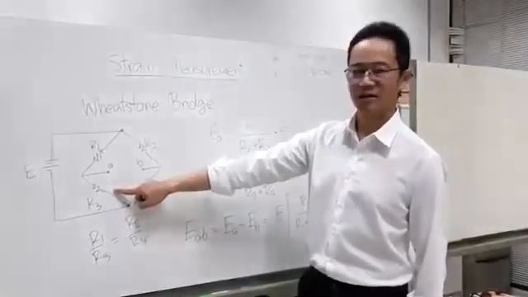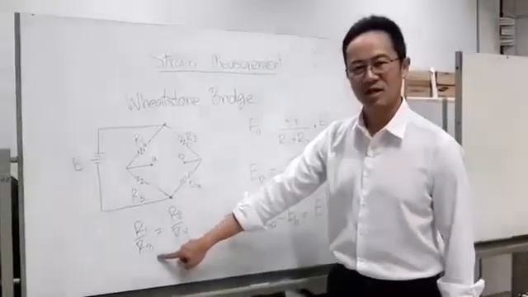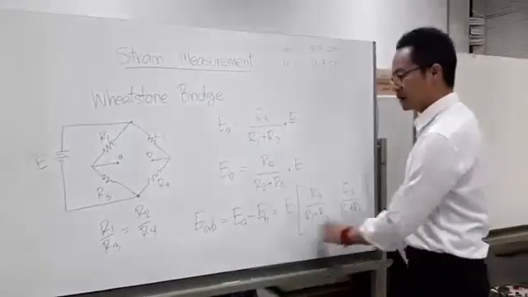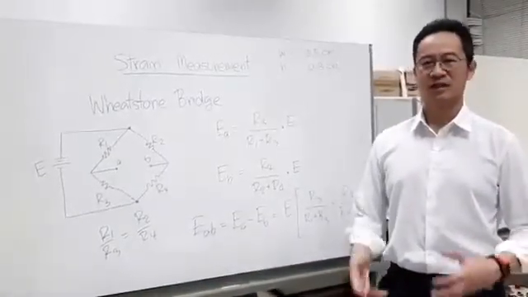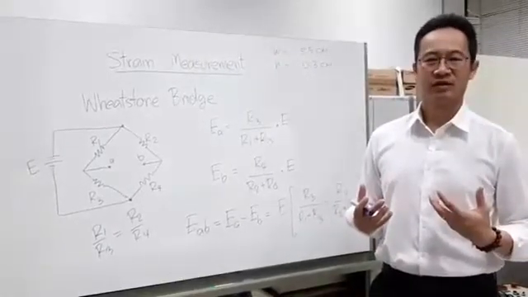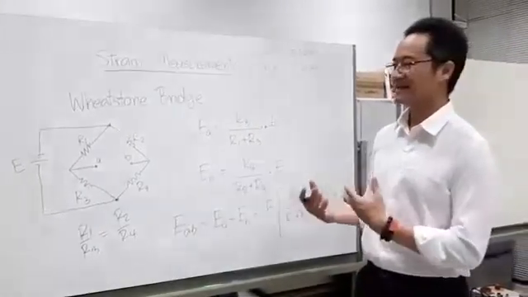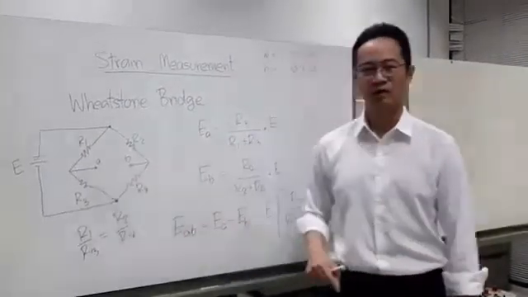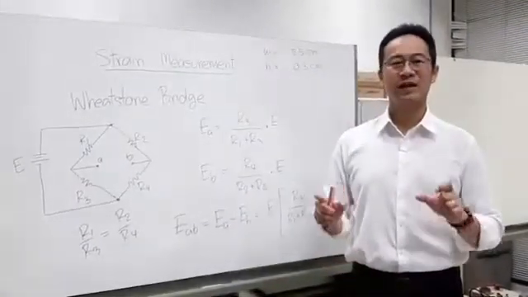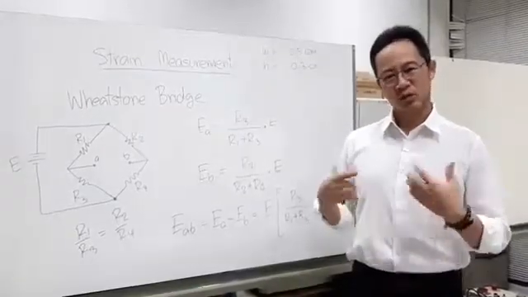If the resistance is changed, the ratio here is changed, and my output voltage is not going to be 0 anymore. So it's supposed to be some value. That value we can relate to the strain and the output voltage. It could be some relationship between each other. So what does it mean?